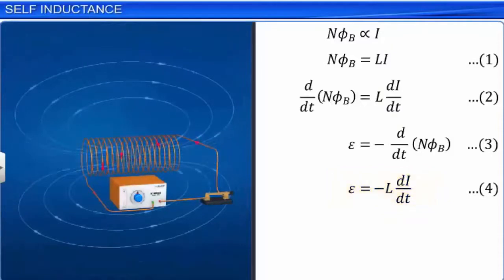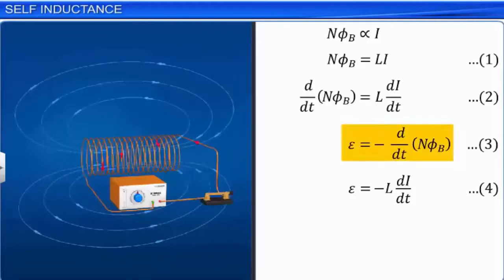It is important to know that from Lenz's law, the polarity of this induced EMF is such that it opposes the change in the magnetic field from the source current. Even Faraday's equation confirms that the self-induced EMF opposes any change of current in the coil.